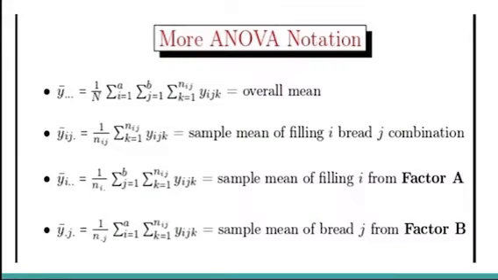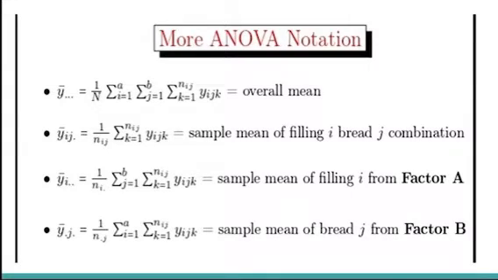Take a look at this. The y bar dot dot dot. Pay attention. When we're working with one-way ANOVA, it was y bar dot dot. But right now, we're talking about two-way ANOVA. It's going to be 3 dots. When you give me 2 dots in an exam for two-way ANOVA, that would be wrong. Pay attention. It's going to be 3 dots.